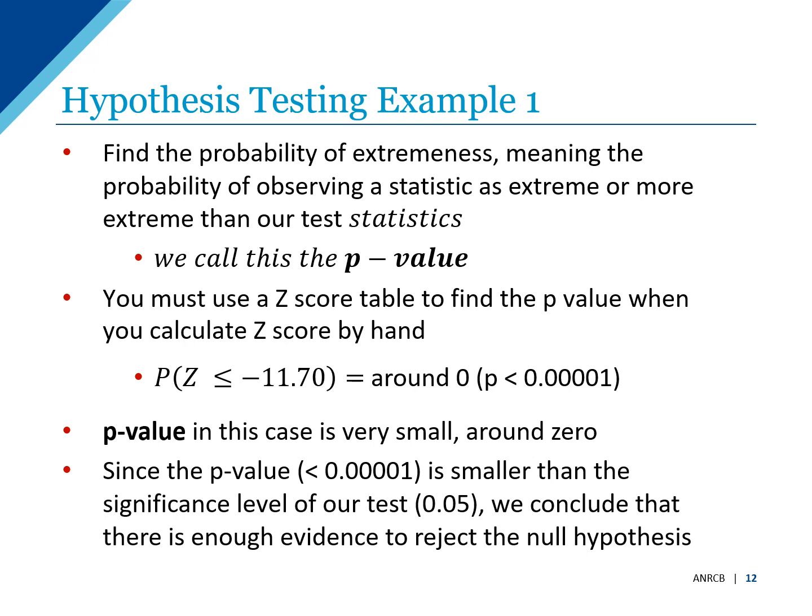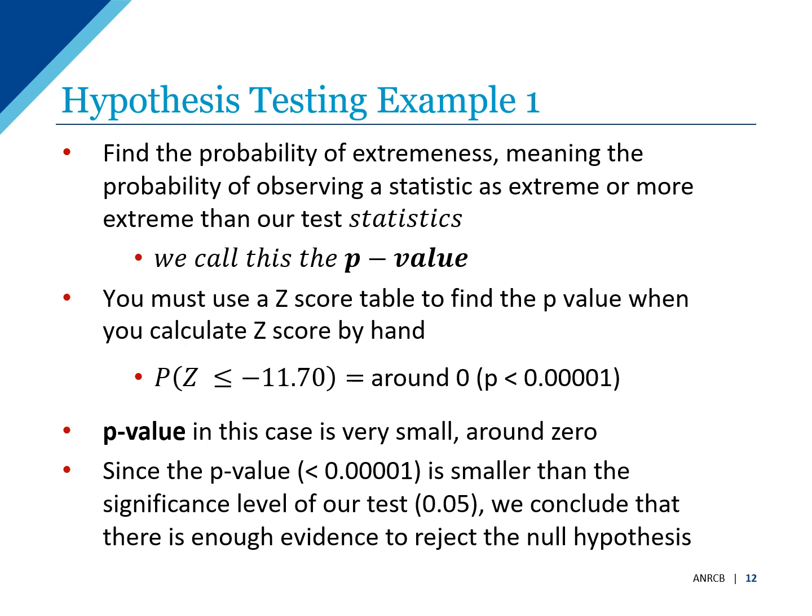We then find the probability of extremeness for our test statistic, and we call that the p-value. We calculate the test statistic by hand. When we calculate the test statistic by hand, we have to use a z-score table, which I've not included here, but we did go over in Module 6.6.